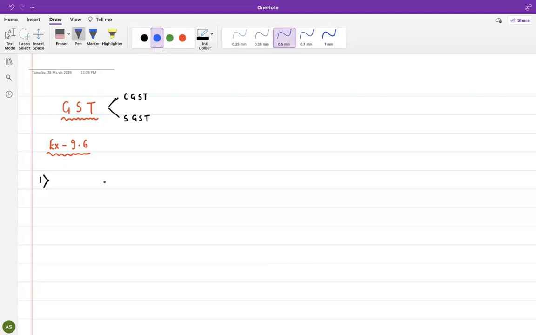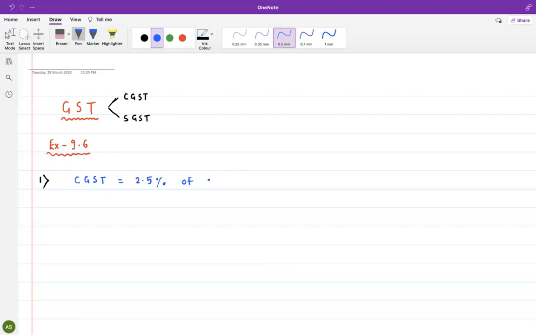So we can easily calculate that the CGST will be 2.5%, because the GST is 5%. So half will be CGST, 2.5% of the total amount for which the sweets are sold.